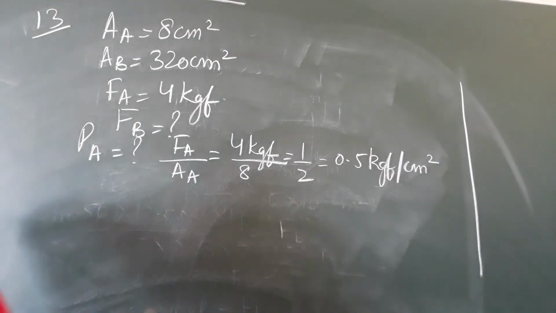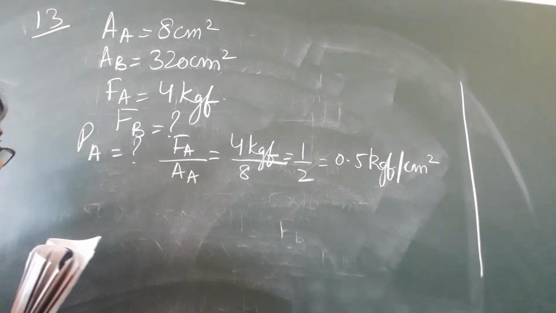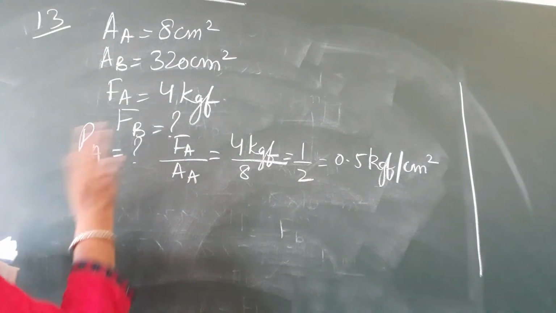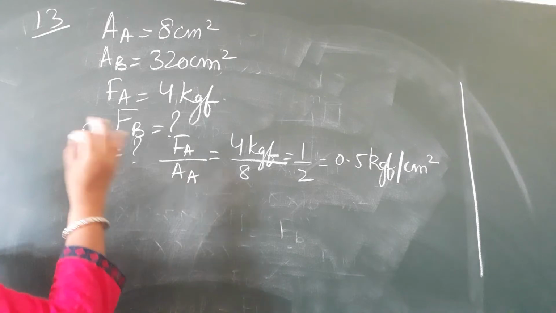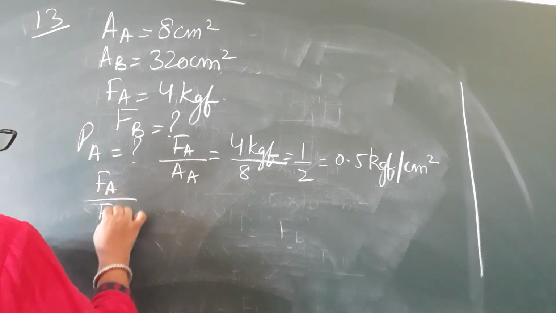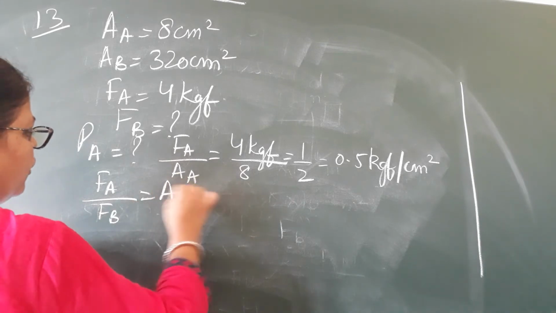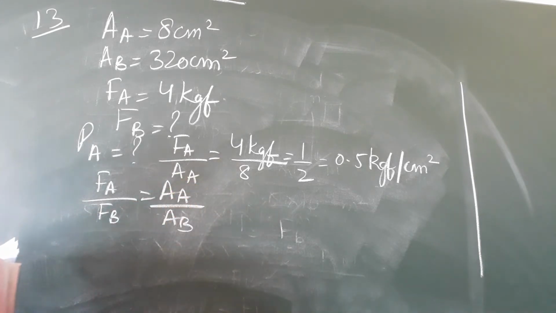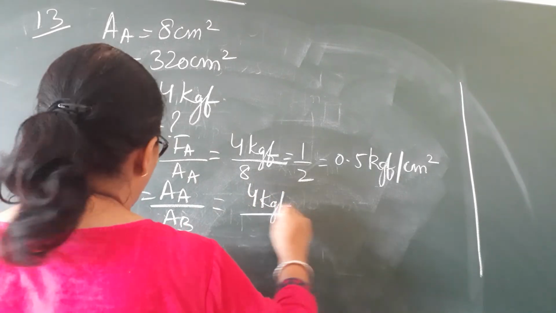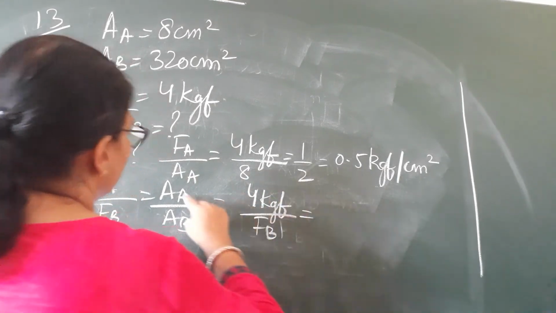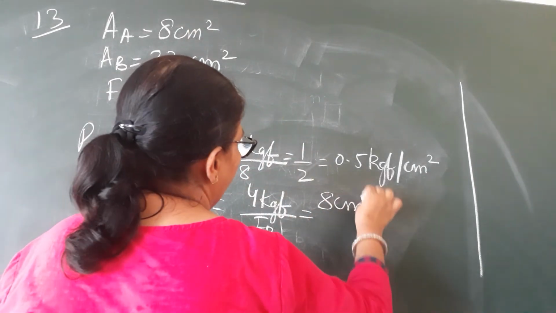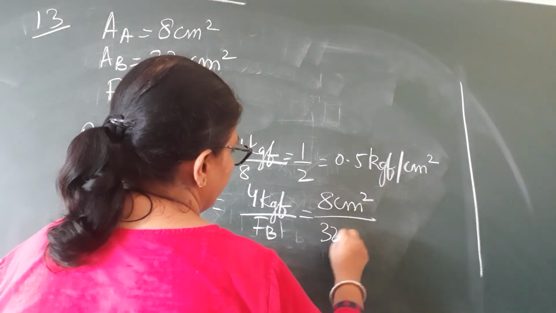And then the next one, you have to find out the pressure on B. But in that, we don't know the force on B. So first of all, what will I do? I will use the principle of hydraulic machine. I will say FA upon FB is equal to area of A upon area of B. Let me put the values. FA is 4, upon FB, which I want to find out, is equal to area of A is 8 upon area of B is 320.